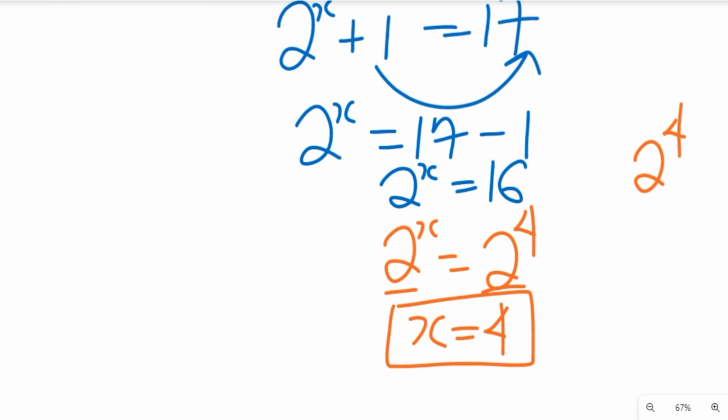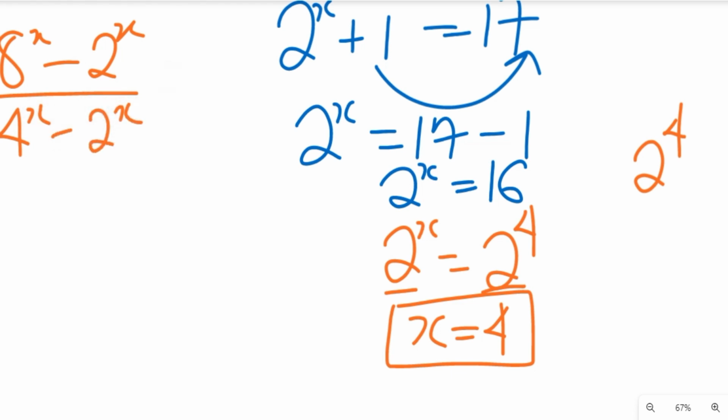If we want to check if this is correct, we put that value into the original equation. Remember the original equation, we are given 8 to the power of x minus 2 to the power of x, divided by 4 to the power of x minus 2 to the power of x, and we are told that it is equal to 17.